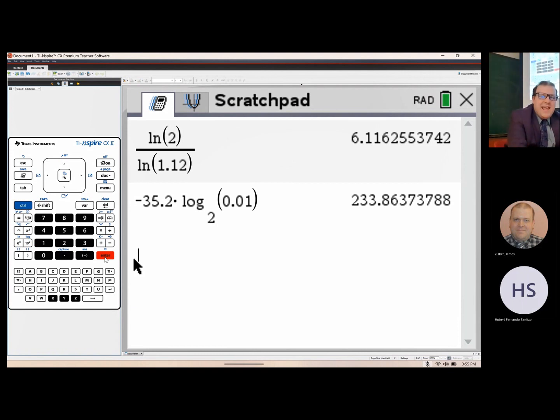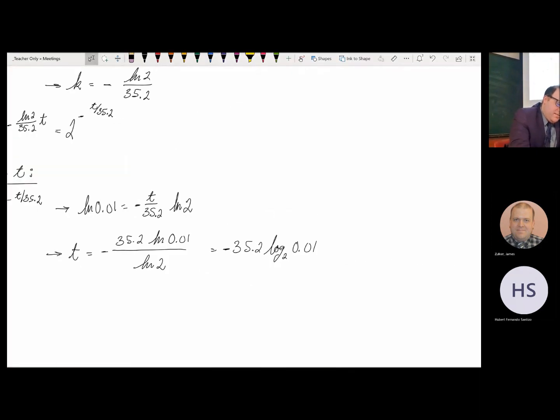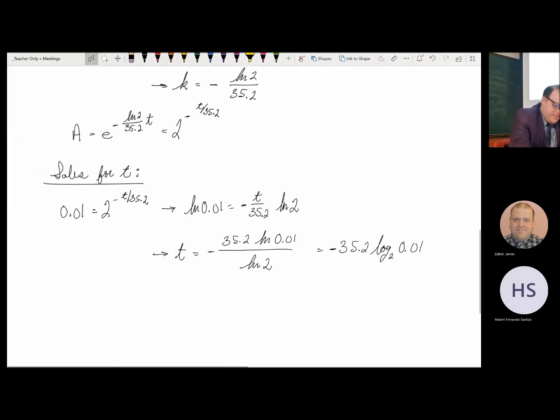They wanted it to the nearest tenth. So 233.9. So it would take about 233.9 years for 99% to decay.